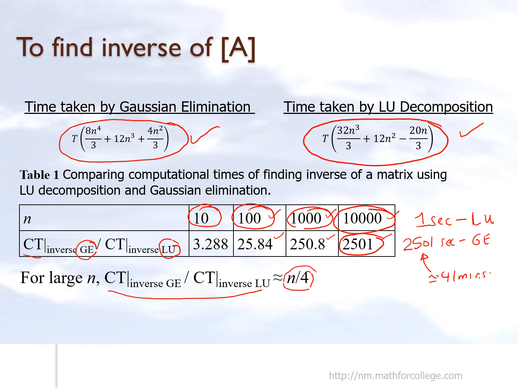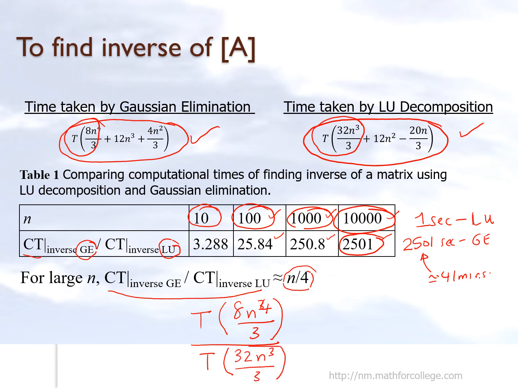You can derive it, of course, because for large n the amount of time it takes to find the inverse by using Gaussian elimination is this quantity right here, and then for the amount of time it takes to do LU decomposition, because n is large, we can get away with taking only the first term of that expression, and the ratio turns out to be n divided by 4. So that's where that comes from.